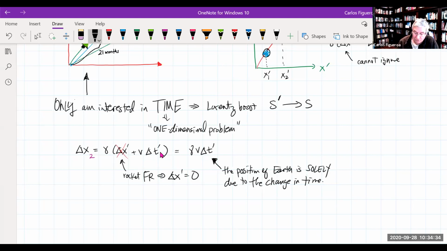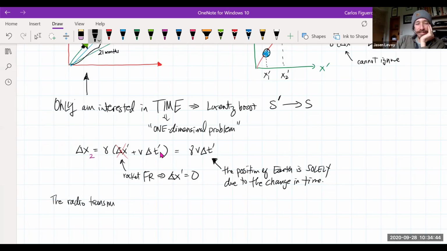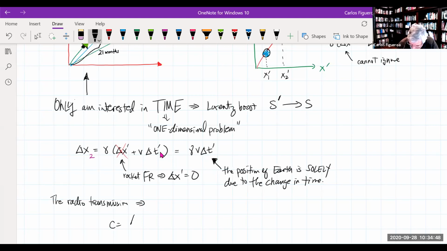So what am I going to do? Now that I have this, the radio transmission implies that this must be true here. The time is then going to be delta x2 over c.